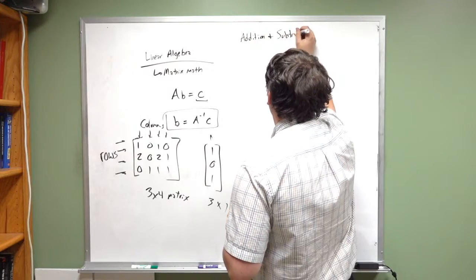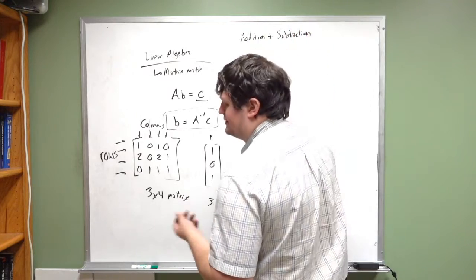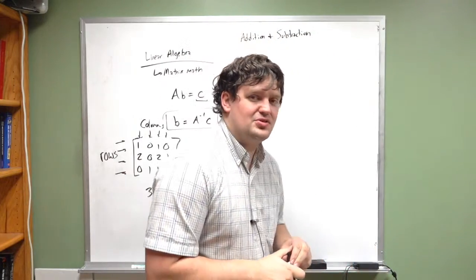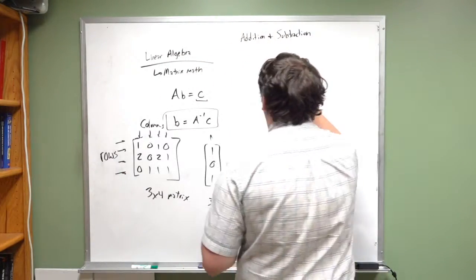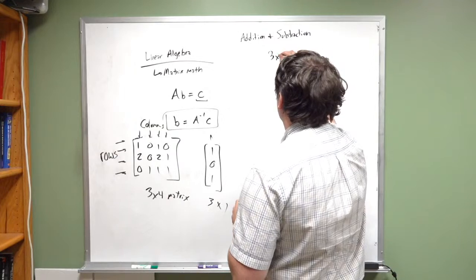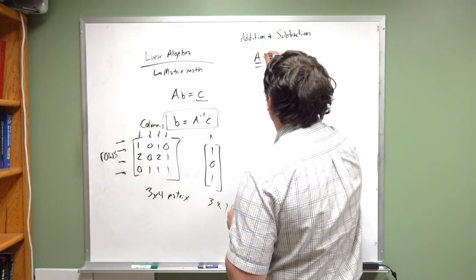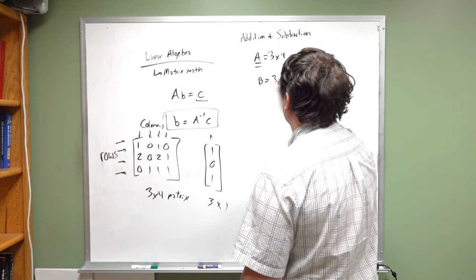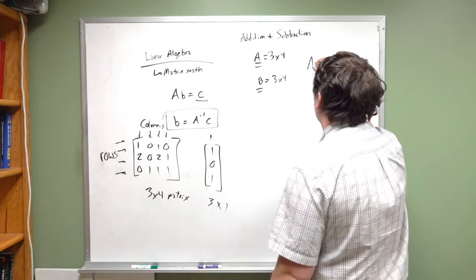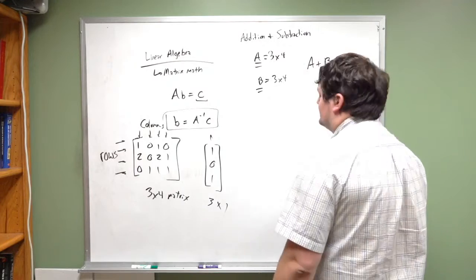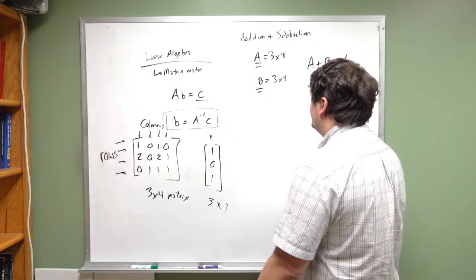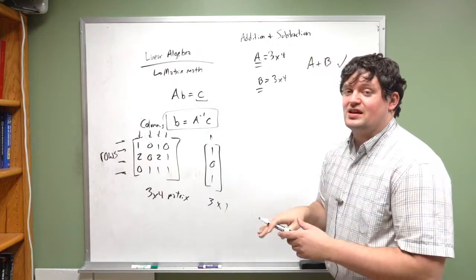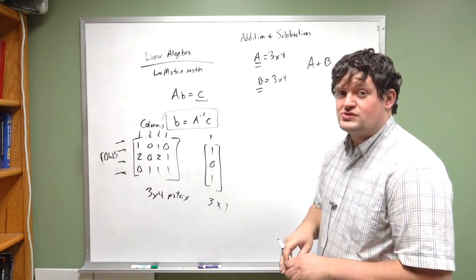Addition and subtraction, this is pretty straightforward. We talked about it briefly last time. I didn't go nearly in enough detail. But if A is equal to a 3 by 4 matrix, and B is also equal to a 3 by 4 matrix, then A plus B exists. You can't add matrices that don't have the exact same number of rows and columns.